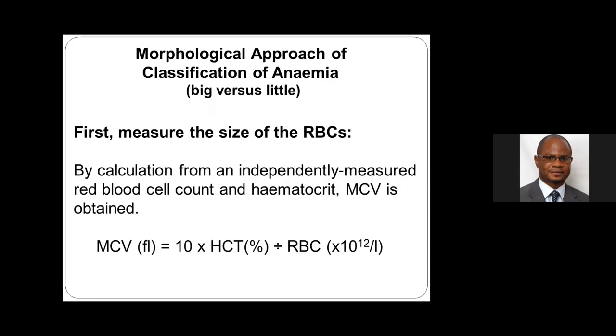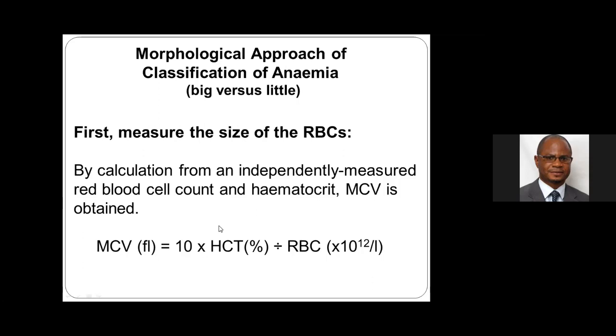So how do you classify anemia using morphology? So first, you measure the size of the red blood cells. And by calculation from independently measured red blood cell count and hematocrit, MCV is obtained. Now you have machines that will do these things for you, but MCV is measured in femtoliters, right?